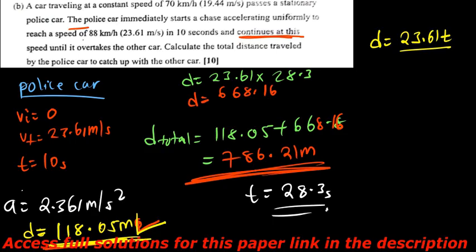That's the reason why I had to add those two. So if you add, it's going to give you the time first. Then you come back and plug in on that other distance, then you add to the distance for 10 seconds. Then you'll be able to find the total distance traveled for it to catch up with the car.